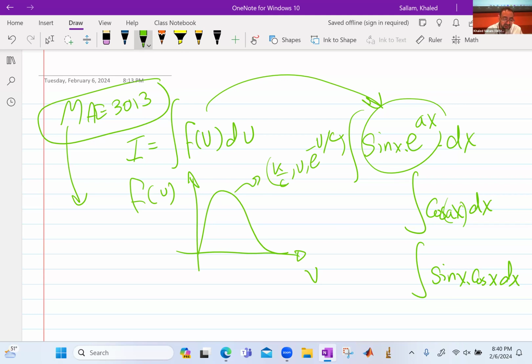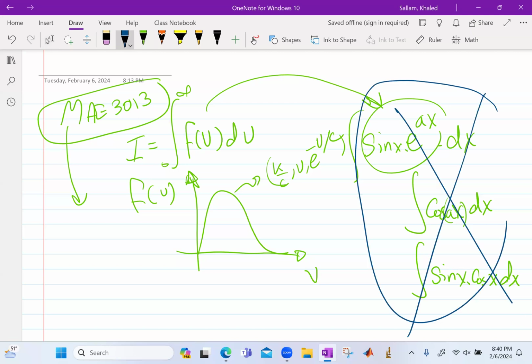What is the meaning of that integration physically, or on this graph? It's the area under the graph. If we can measure that area under the graph, we don't have to get all those tables. Forget about all those tables and sine, cosine. Okay, how do I get the area under the graph?